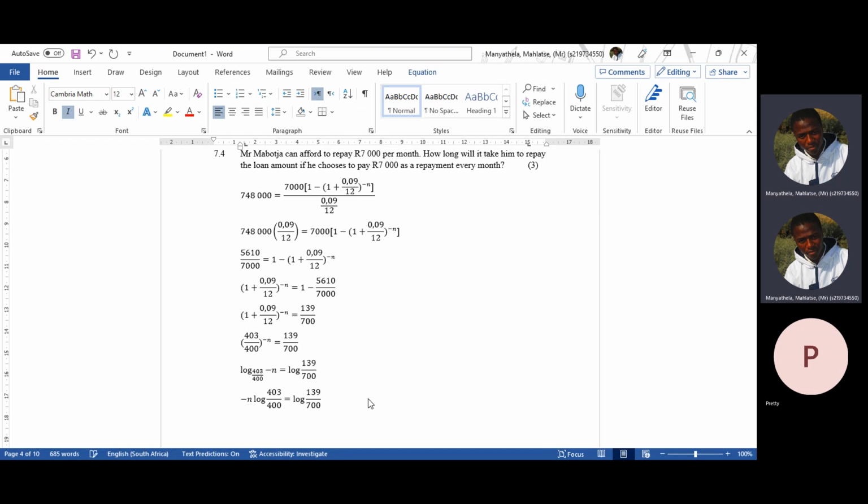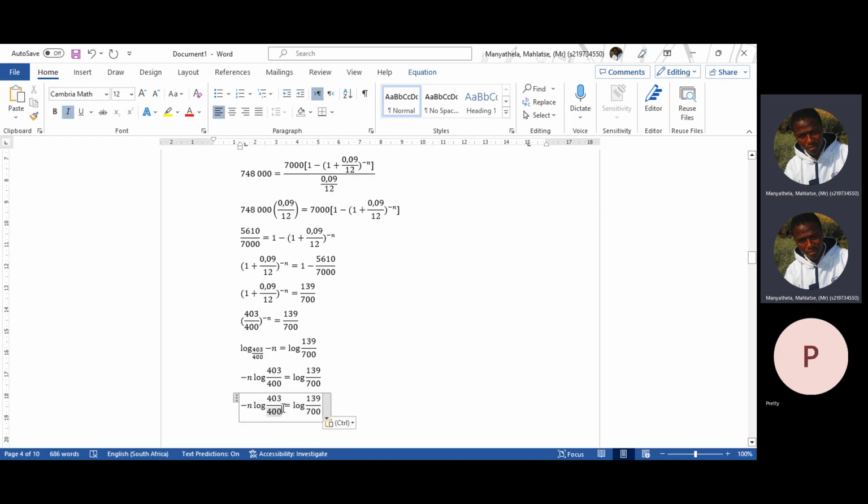So here's the second step. The whole of this side is divided by log 403 over 400, equal to this side over log 403 over 400. Let me delete this one for now.